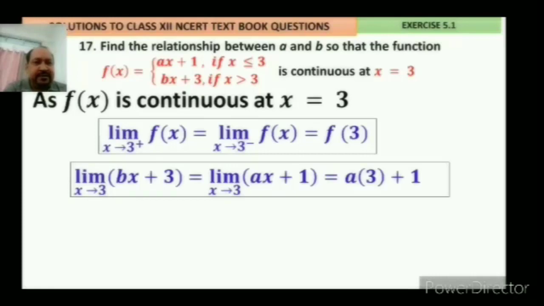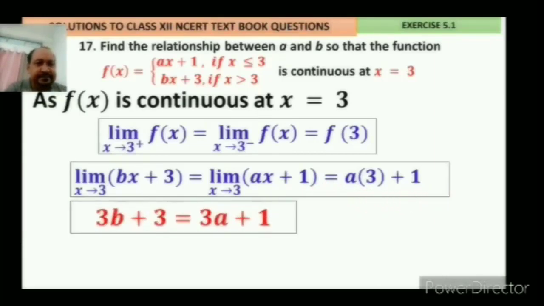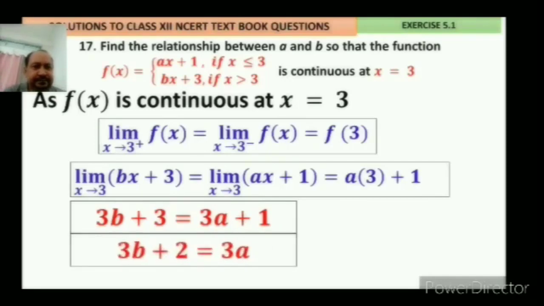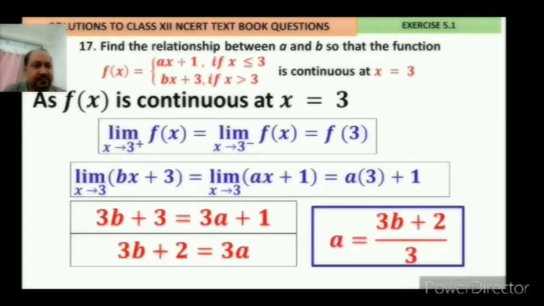Limit x goes to 3 of bx plus 3, limit x goes to 3 of ax plus 1 equal to a times 3 plus 1. Now 3b plus 3 equal to 3a plus 1. 3b plus 2 equal to 3a. So a equal to (3b plus 2) by 3.